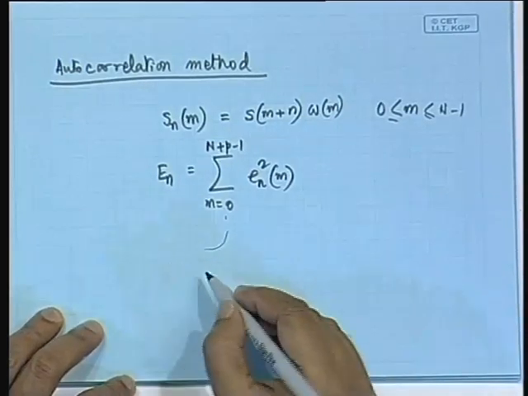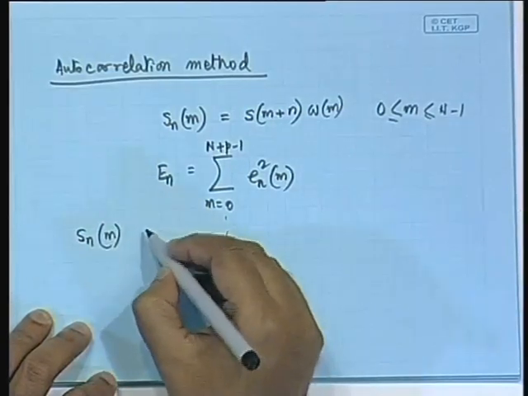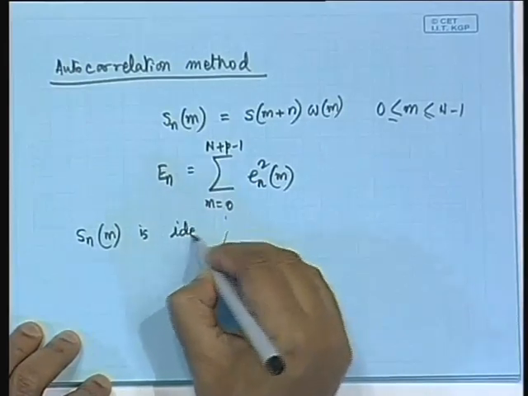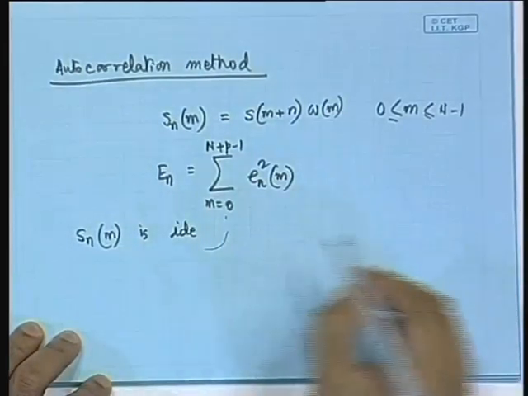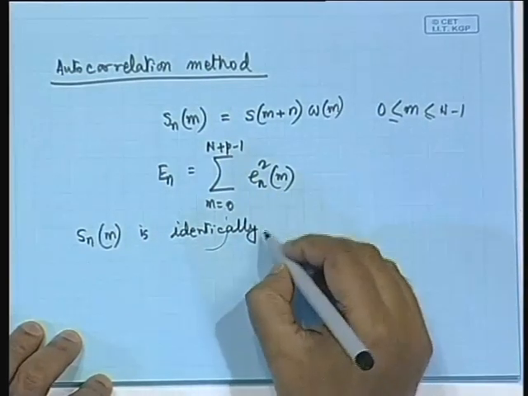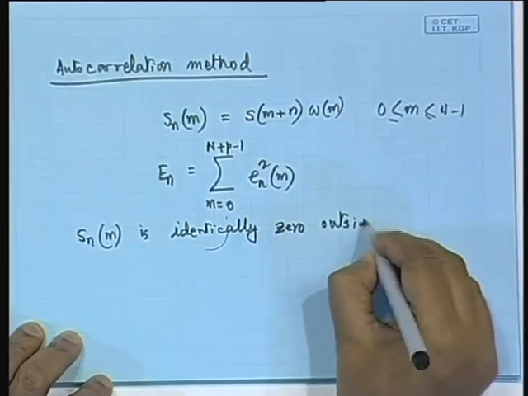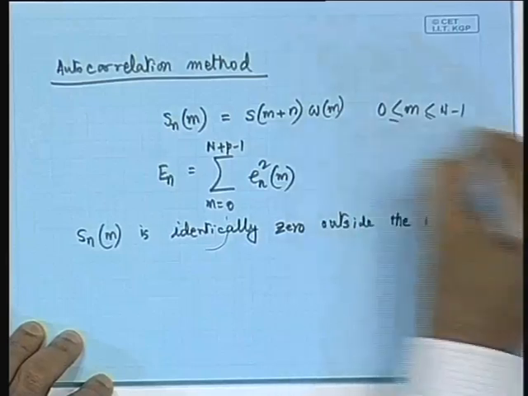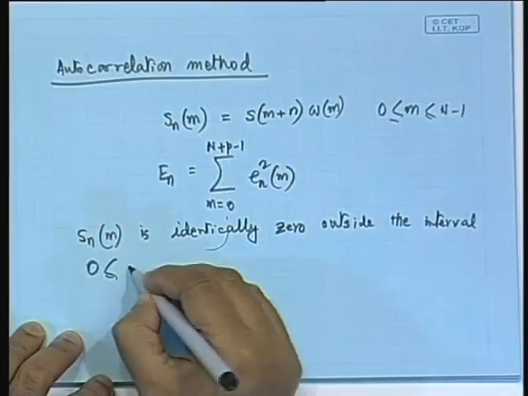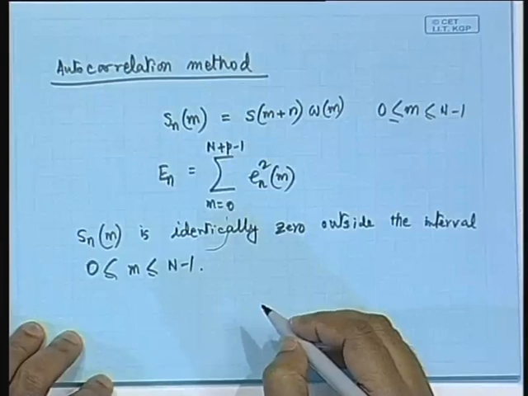What we are doing is that we are assuming that s n of m is identically 0 outside the interval m lying between 0 and capital N minus 1.